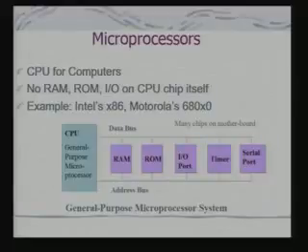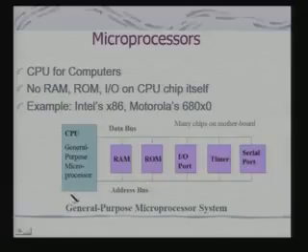The family of 8086 processors from Intel, of which Pentium is an example which we are using today in PCs, as well as the Motorola 68000 series, are all examples of these kinds of general purpose microprocessors. A typical computer is built around such a microprocessor with this architecture, and this is an example of a general purpose microprocessor system.